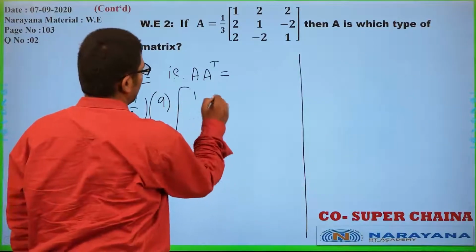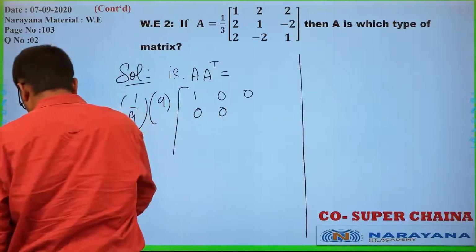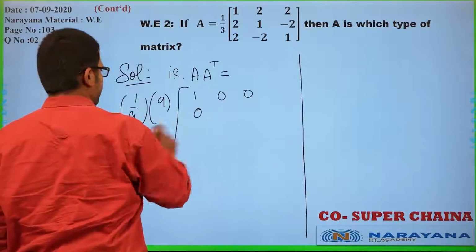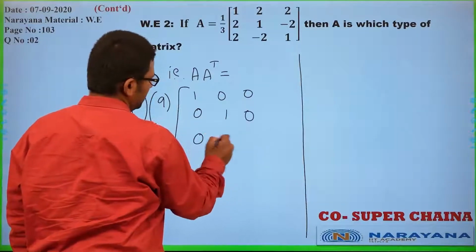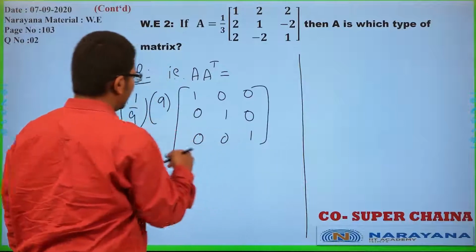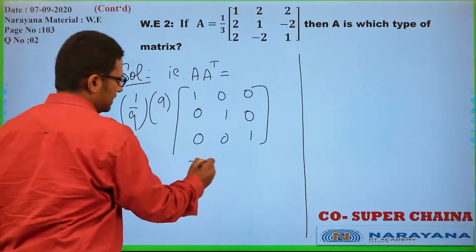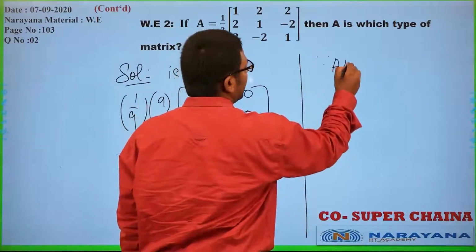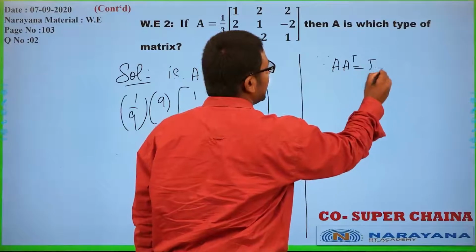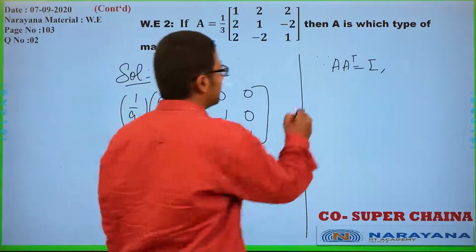So 1, 0, 0, 0, 1, 0, 0, 0, 1. 9, 9 cancels. What is this? This is I. So we will say since AA transpose is I, what do we have? A is an orthogonal matrix.